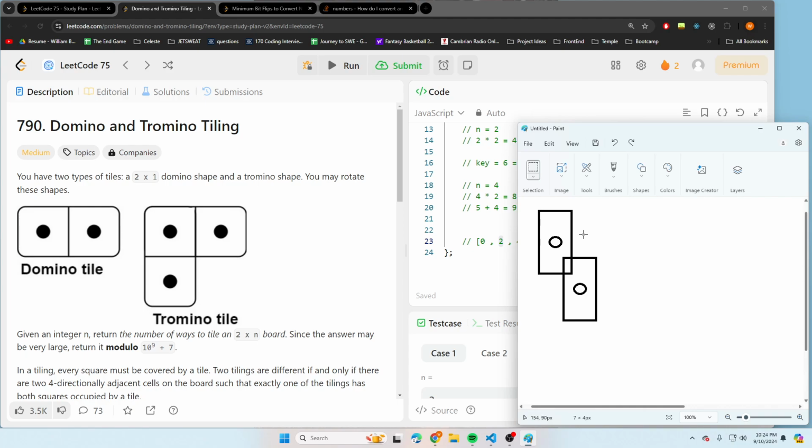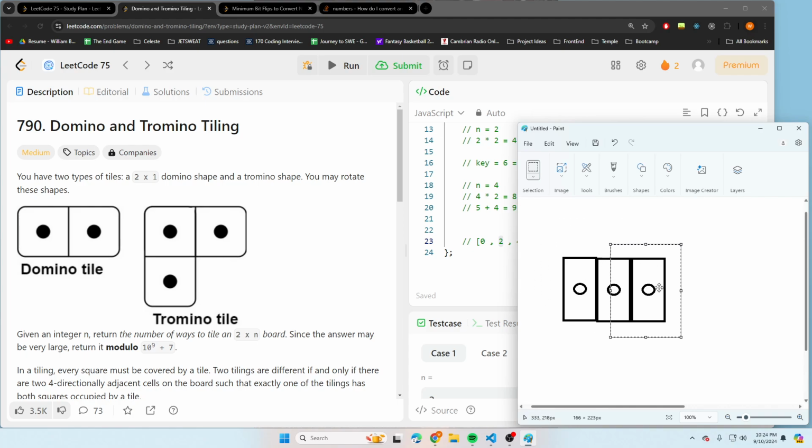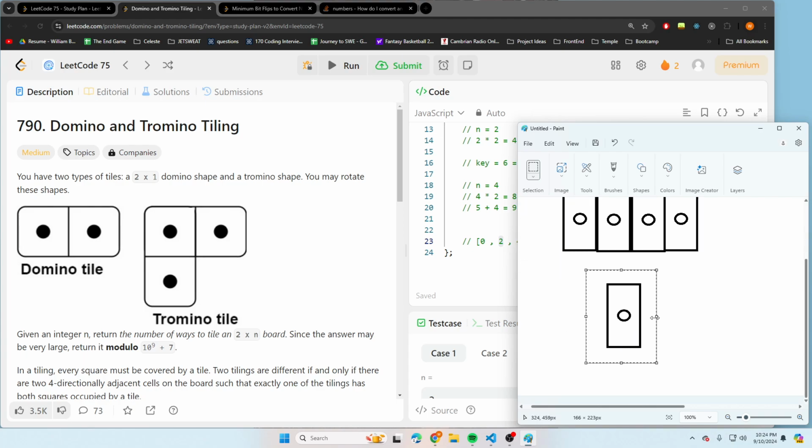Can I spin it? Can I rotate? Can't rotate that. Anyway, 1, 2, 3, 4. Right? Yeah.